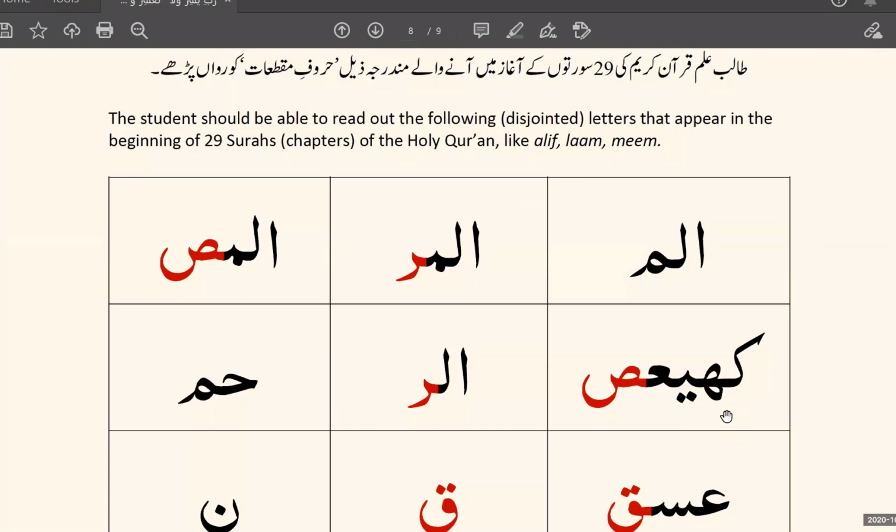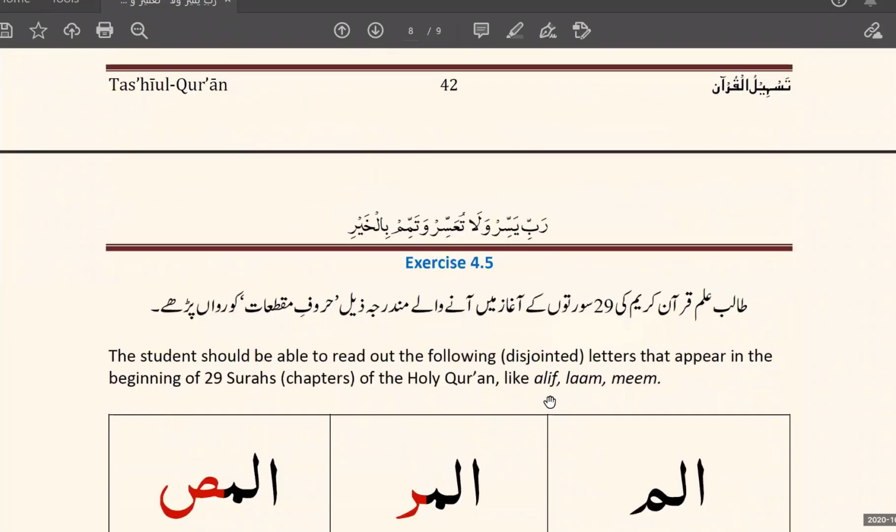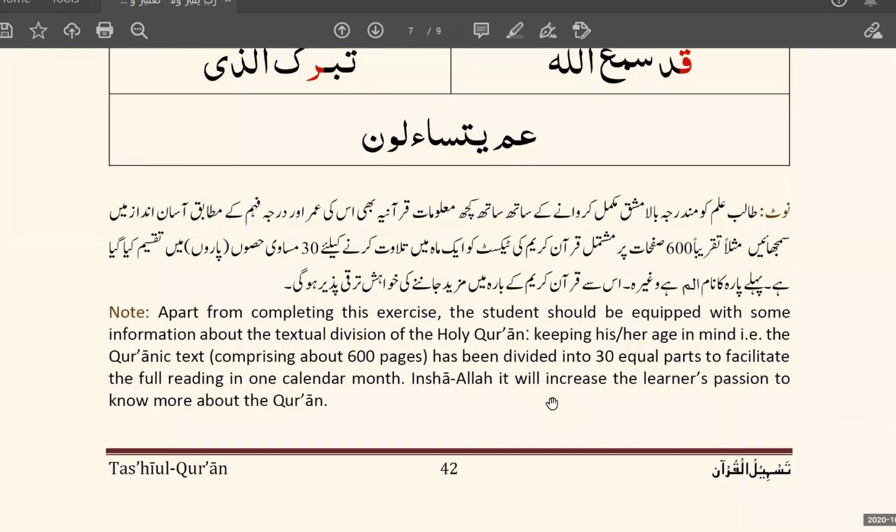So each letter will be spoken softly. Exactly. Okay, then. If there is no other question or comment, then we can conclude today's lesson because only 3 minutes are left.